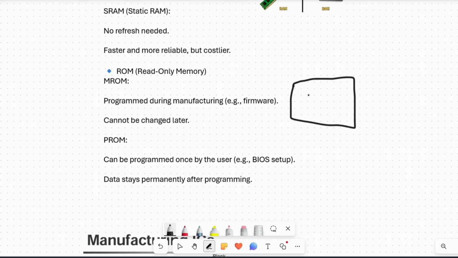So this is MROM, and PROM can be programmed once by the user, just like BIOS setup. For example, when you use your computer, it is first set up in BIOS, then Windows is set up. In BIOS setting we set up one time, and data stays permanently after programming.